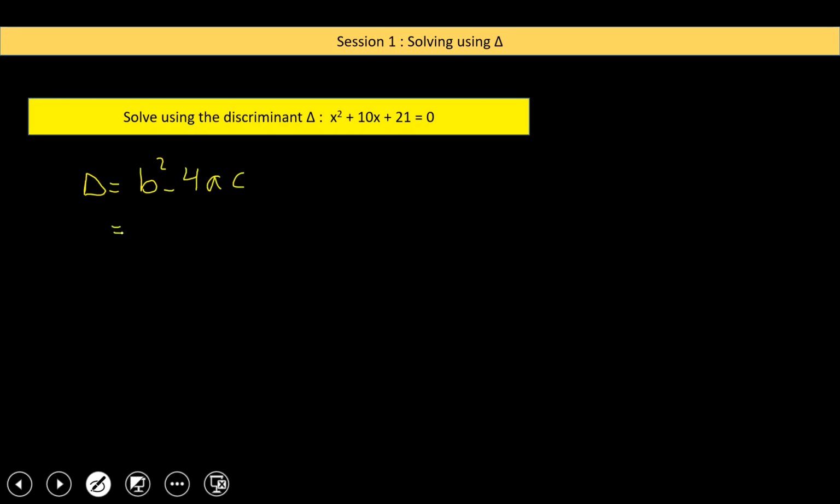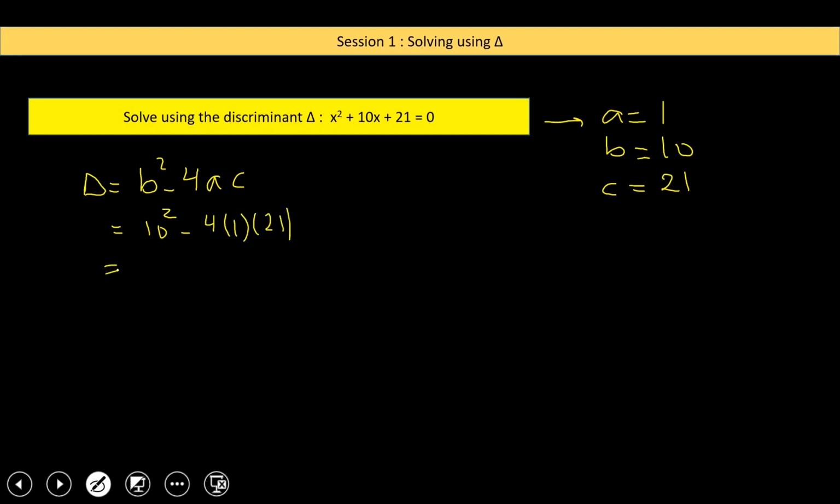Let's first specify a is the coefficient of x squared, b is the coefficient of x, and c is the constant of the polynomial. So here we get b squared minus 4 into a into c.